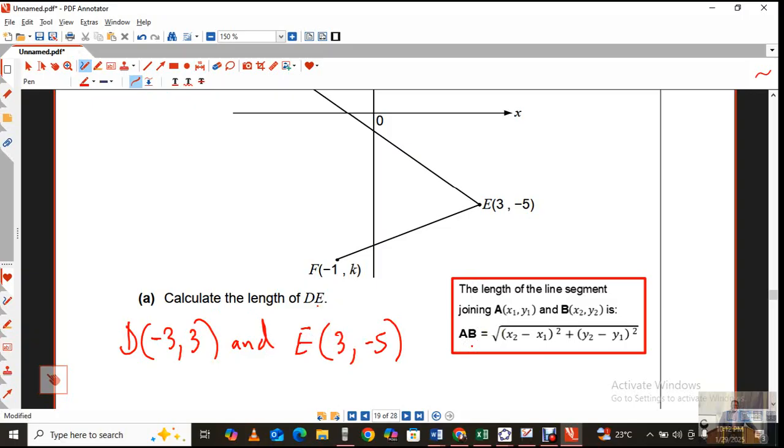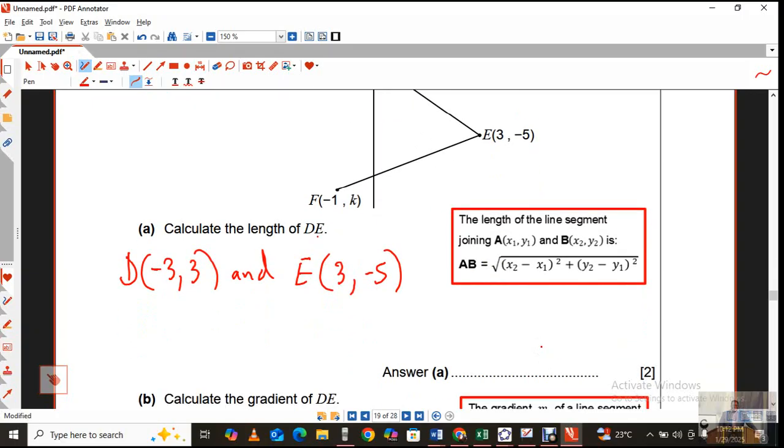If you want to find the length of that, the length of DE is going to be calculated by taking the x value, maybe the second one minus the first one. It doesn't matter. I'll take this E, so I will be taking the 3 in bracket minus negative 3.